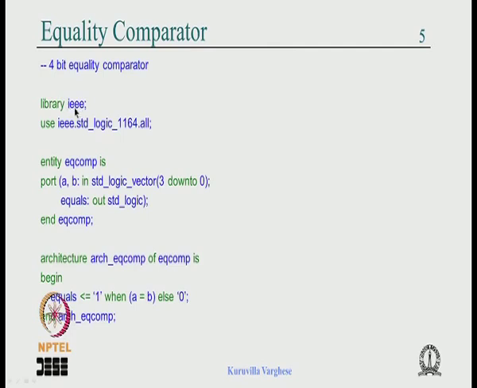Just writing the library makes a library visible to the code but not the packages. A library has a lot of packages within it, so it's a hierarchy. You have library, you have packages, and within the packages you have components, functions, procedures, data types and so on.